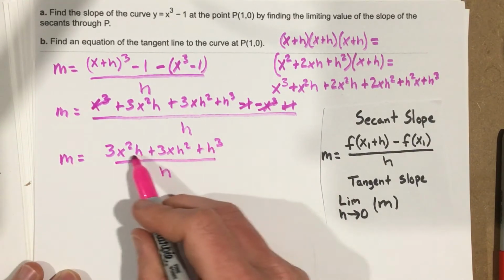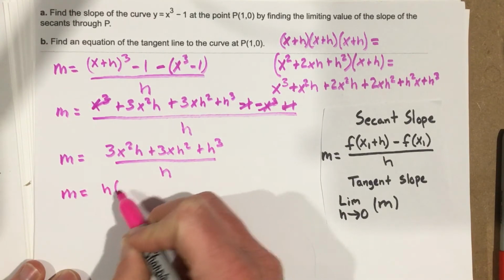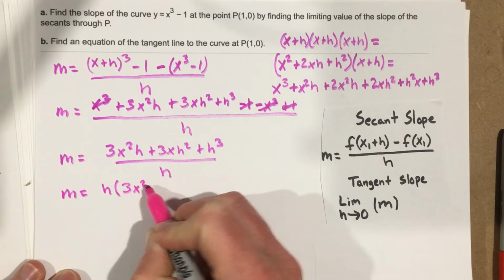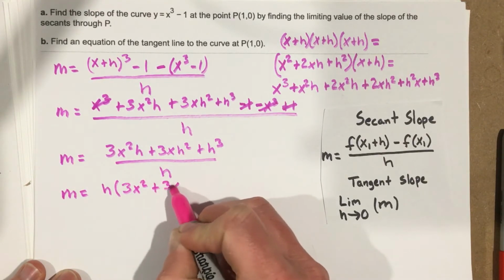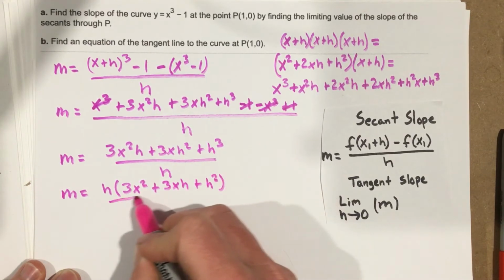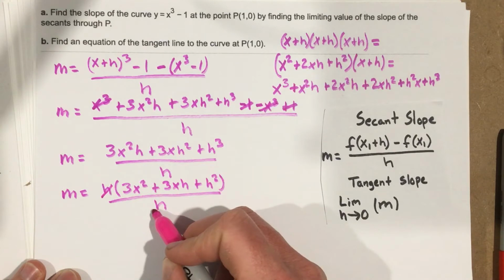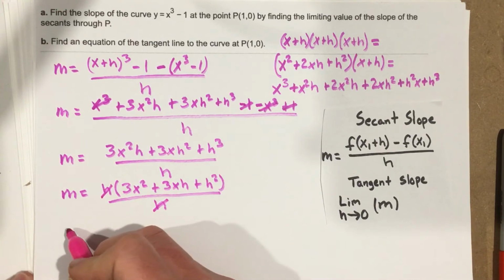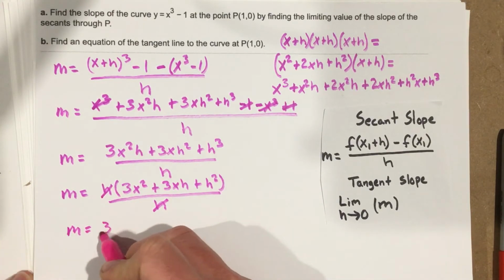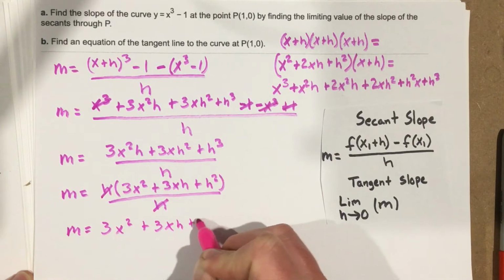Now we're going to factor an h out of the top, so we end up with m equals h times (3x squared plus 3xh plus h squared) all over h, and we're going to cancel the h out. So now we have m equals 3x squared plus 3xh plus h squared.